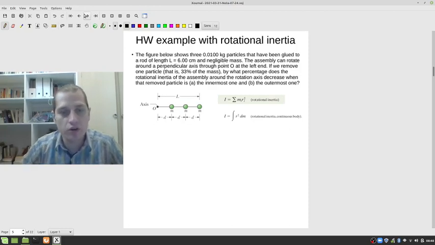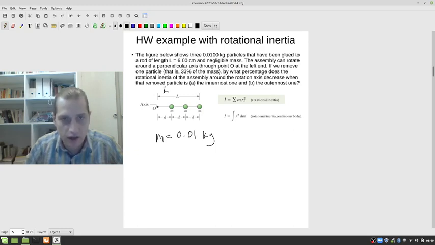Okay, so here's the old stuff. I asked you to get going on your Chapter 10 homework. It says the figure below shows three 0.100 kilogram particles. Okay, that's your M. They have been glued on a rod of length 6 centimeters and negligible mass.